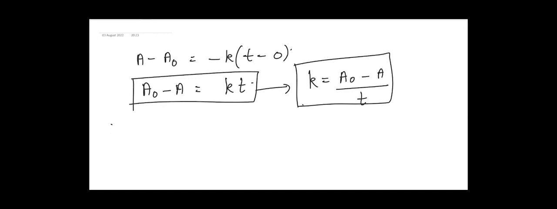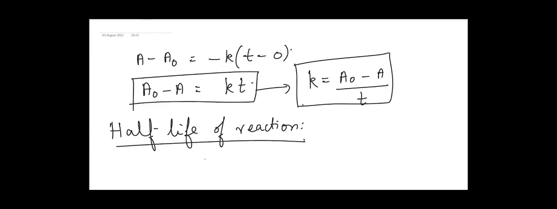So let us introduce another term as well here. That is nothing but half-life of a particular reaction. It is not specific for zeroth order reaction, but it is a general term. We denote it by t half. Half-life of a reaction is nothing but that instant of time when the initial reactant concentration gets halved.